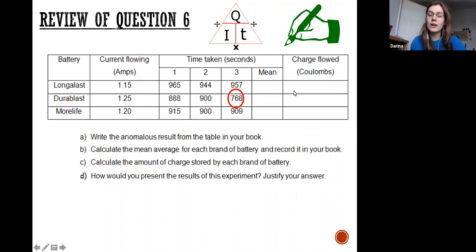And could you put it in the equation now and get me a value for the charge flowing? So remember, to use triangles, you cover up the side of the triangle that you want to find, and then you put the numbers through for the other two things. Can anyone tell me what the value of the charge flowing through that battery is?